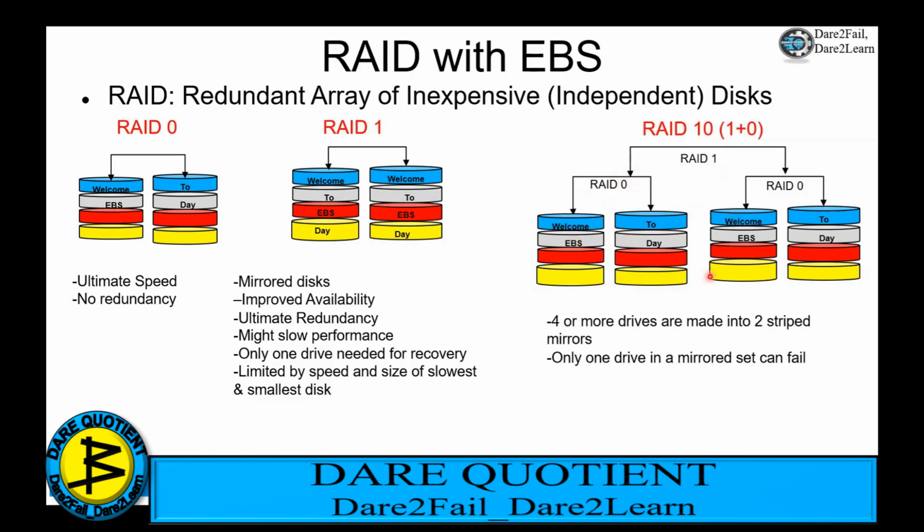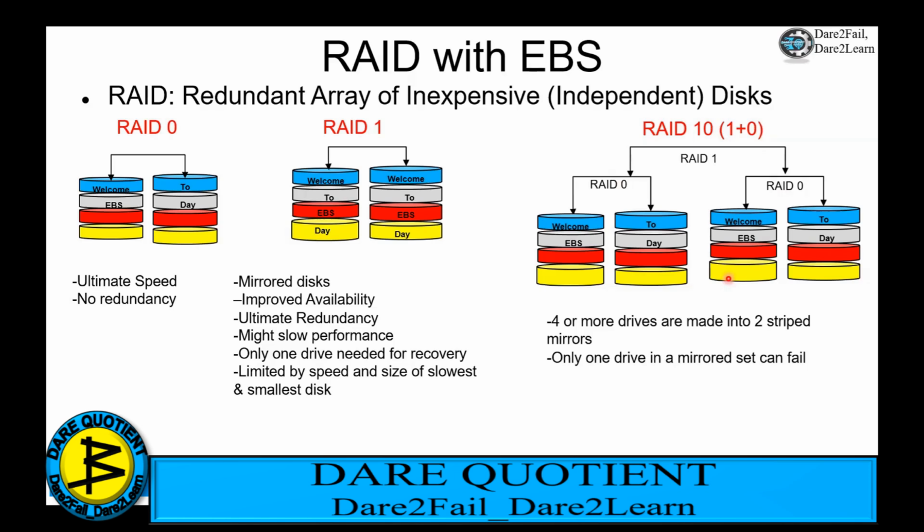Now, the second set of hard drives being a mirror image of the first set gives you a RAID 1. So a RAID 10 gives you a combination of the speed from RAID 0 and the redundancy from RAID 1.